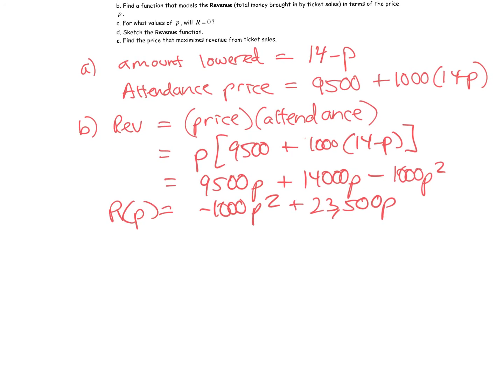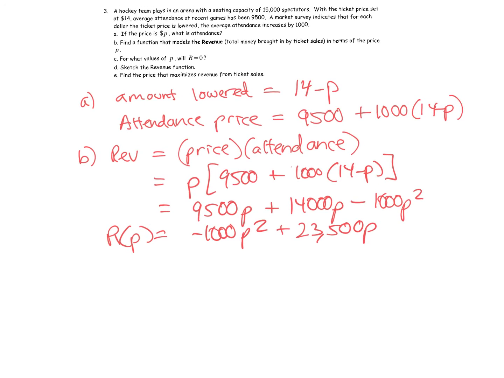Okay, and so the next question is asking for what values of P will the revenue equal 0. So if I set the above equation equal to 0, I've got negative 1,000 P squared plus 23,500 P equal to 0. Well, I want to put this in factored form to find, in this case, the x-intercepts.